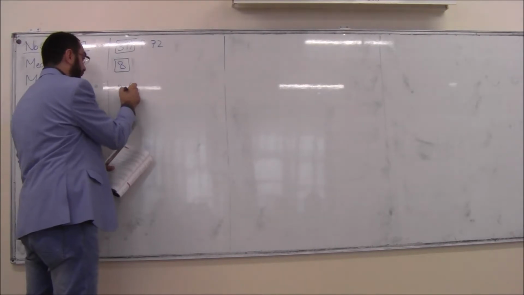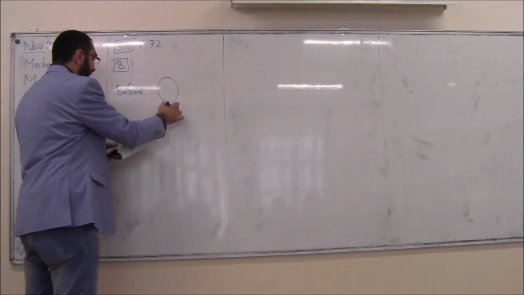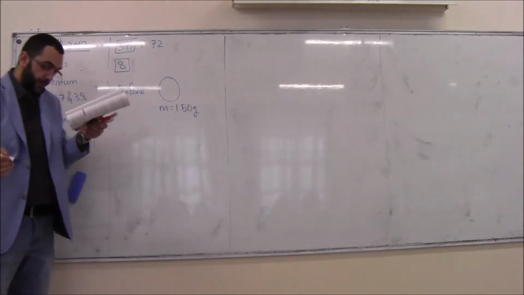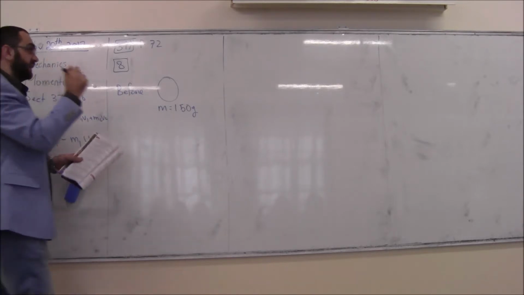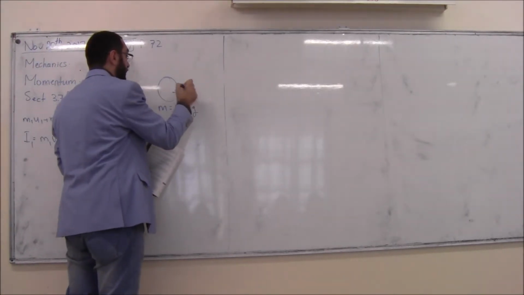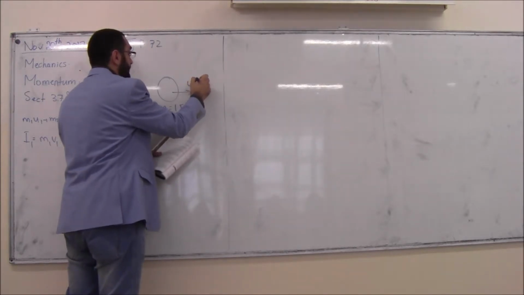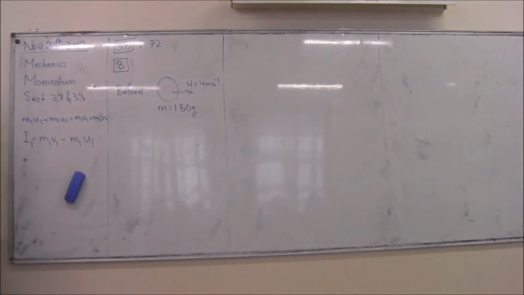Before, we have only one particle with a mass of 150 grams, moving at U equals 4 meters per second.